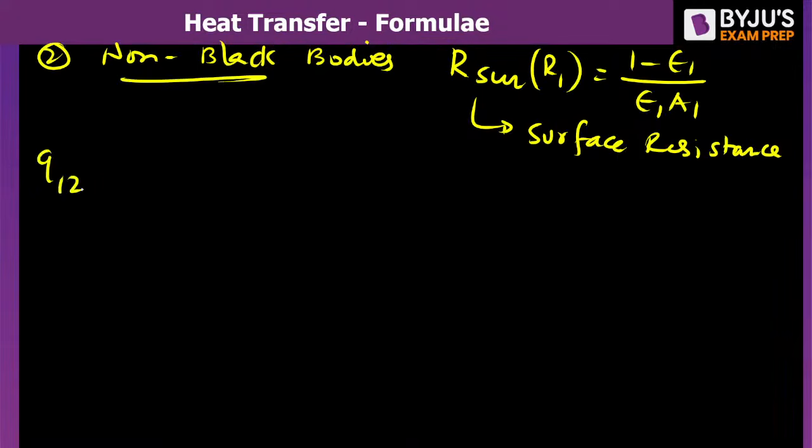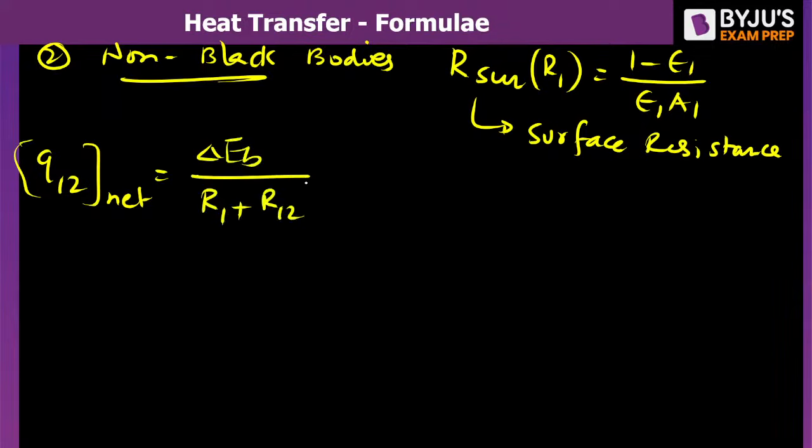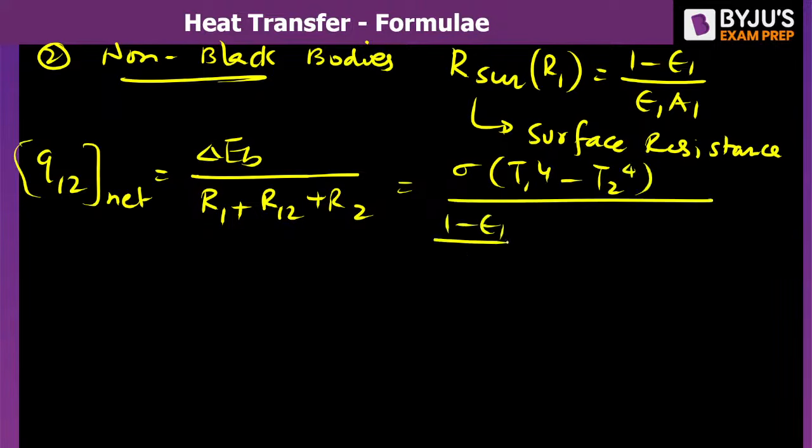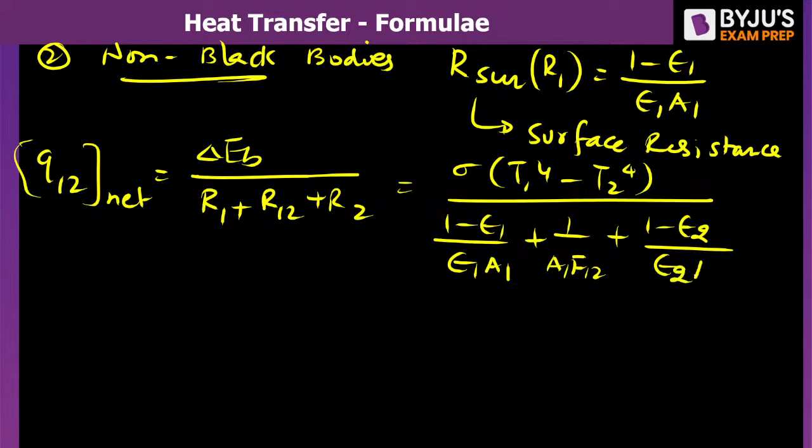So we can say Q1 to 2 net is equal to delta EB upon the surface resistance for body 1, plus the space resistance between 1 and 2, plus the surface resistance for body 2. That is sigma into T1 to the power 4 minus T2 to the power 4 in the numerator, and the denominator is 1 minus epsilon 1 upon epsilon 1 A1 plus 1 upon A1 F1 to 2 plus 1 minus epsilon 2 upon epsilon 2 A2. This is the formula.